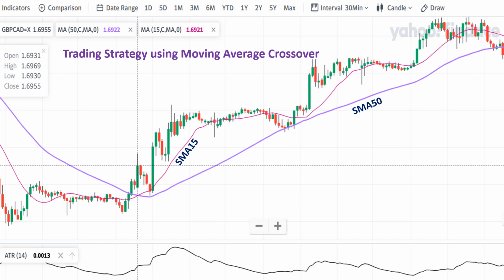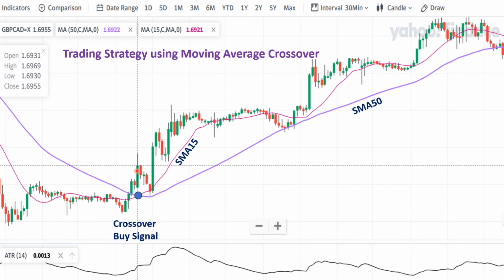I identify the moving average crossover located at 1.6921 at this location, and the close price of this bullish candle above the crossover is located at 1.6955.